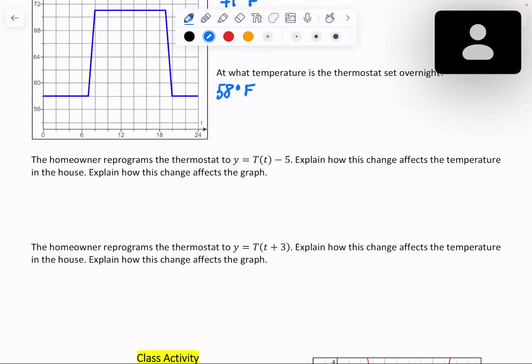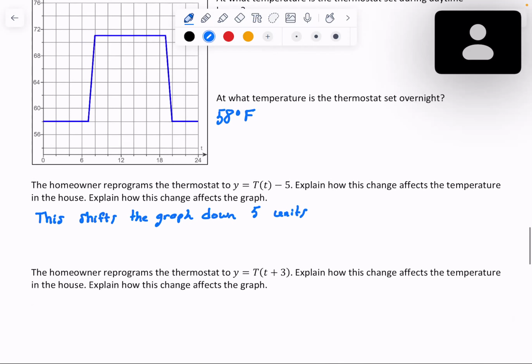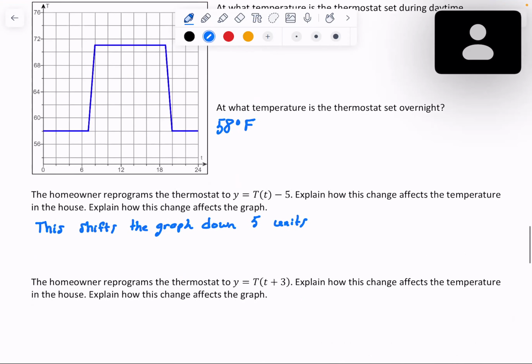This shifts the graph down 5 units. So the new daytime temperature would be what?